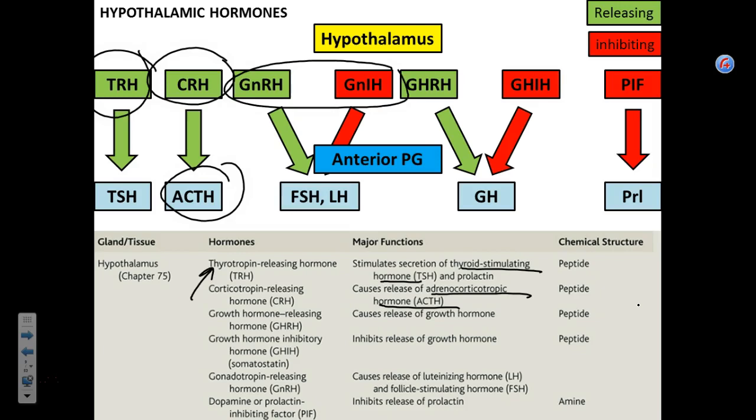Gonadotropin releasing and gonadotropin inhibiting hormone. Gonadotropin releasing hormone releases gonadotropins, follicle stimulating and luteinizing hormone. Gonadotropin inhibiting hormone, well, inhibits. This one, it is not in most textbooks.